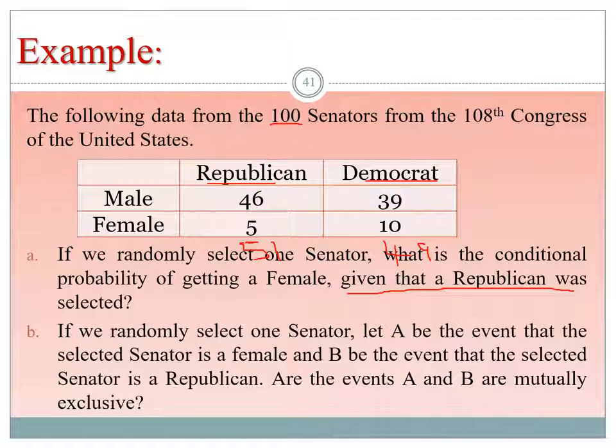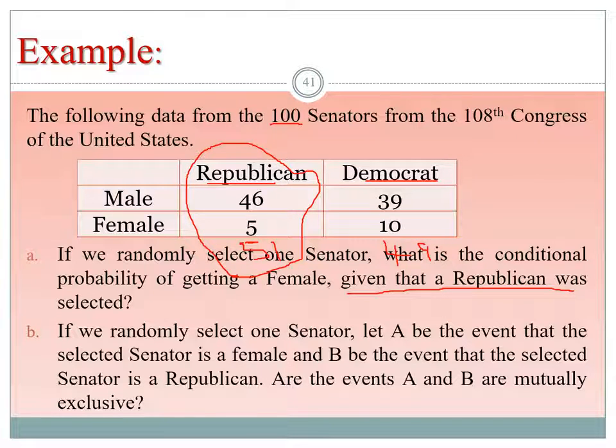Similarly, we can calculate 15 females and 85 males. Since it is given that a Republican was selected, we have a total of 51 Republicans. The question is the conditional probability of getting a female given that a Republican was selected. That means our reduced sample space contains only 51 outcomes, so the probability should be equal to 5/51.